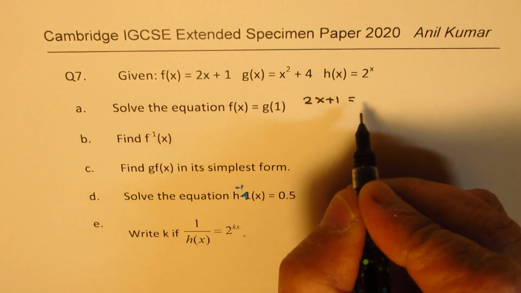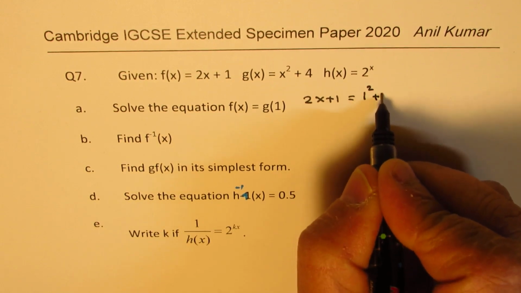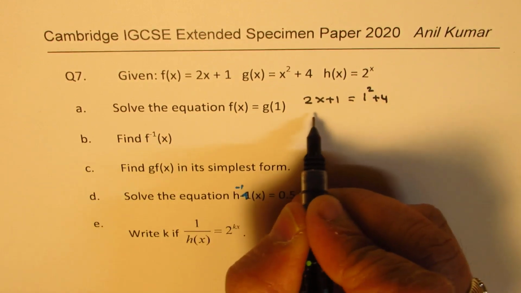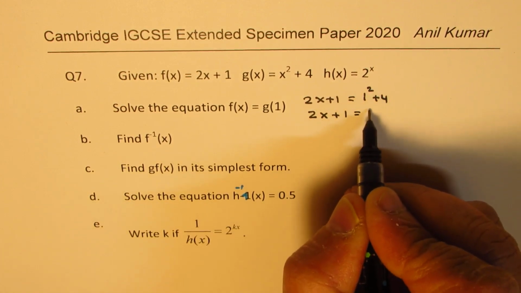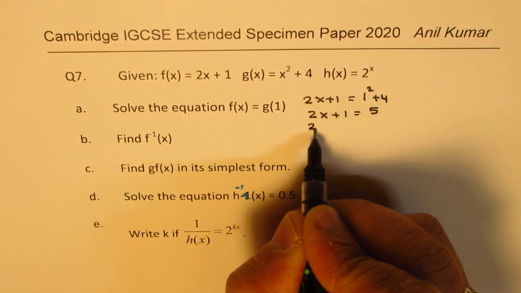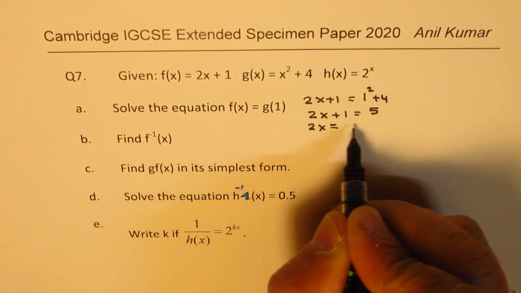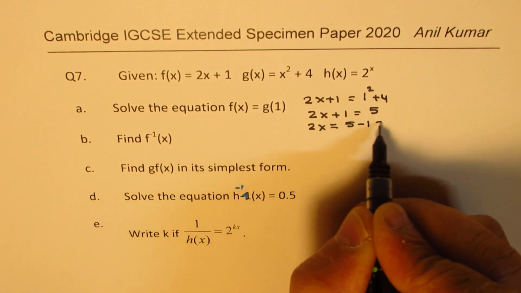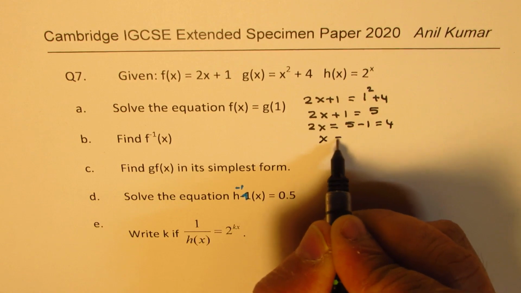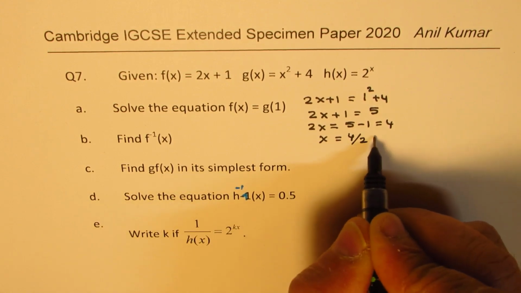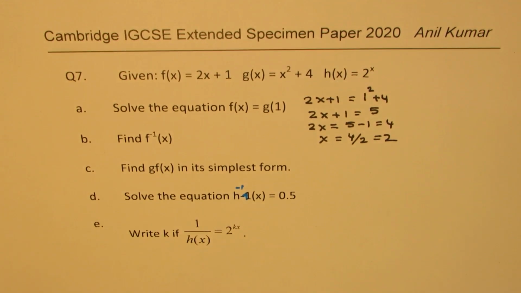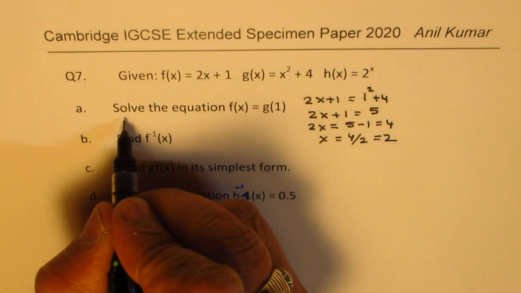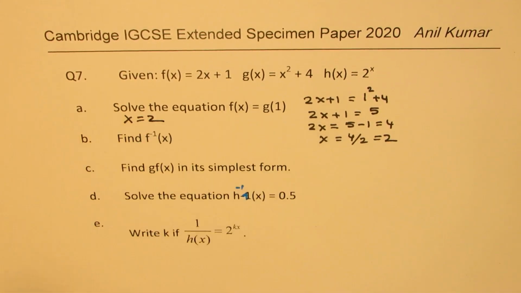So you get 1 squared plus 4. So that gives you 2x plus 1 equals 1 squared plus 4, which is 5, or we have 2x equals 5 minus 1, which is 4. So x is equal to 4 divided by 2, which is 2. Correct? So the answer here is x equals 2.